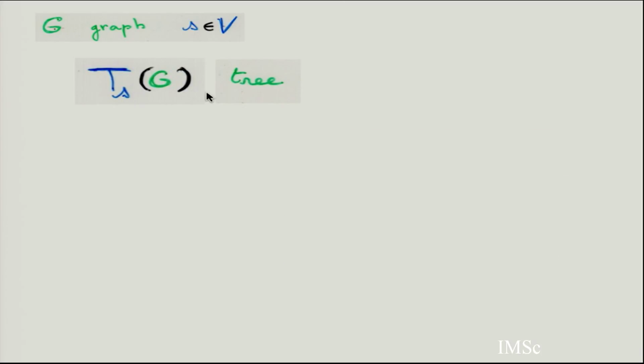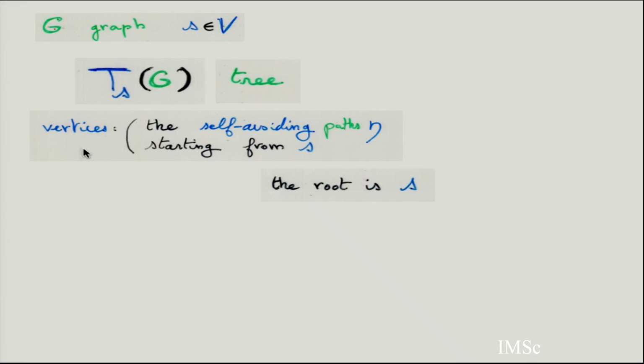So I define a tree for any graph. You have a vertex S. I define a tree T_S of G. So the vertices of the tree are exactly the self-avoiding paths of the graph. The root is the vertex S, the same as the vertex S in the graph.